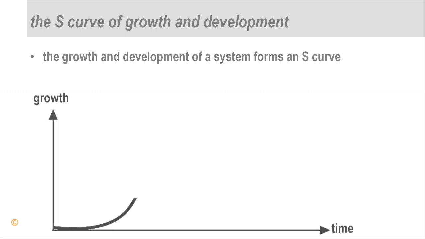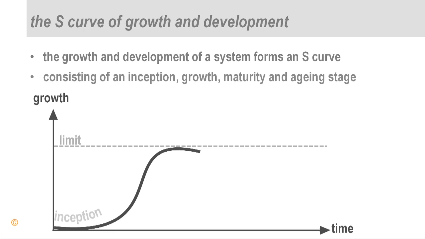The growth and development of a system typically follows an S-curve. So what the S-curve shows is that an inception stage is typically followed by a growth stage, which slows down and becomes more mature and aging.